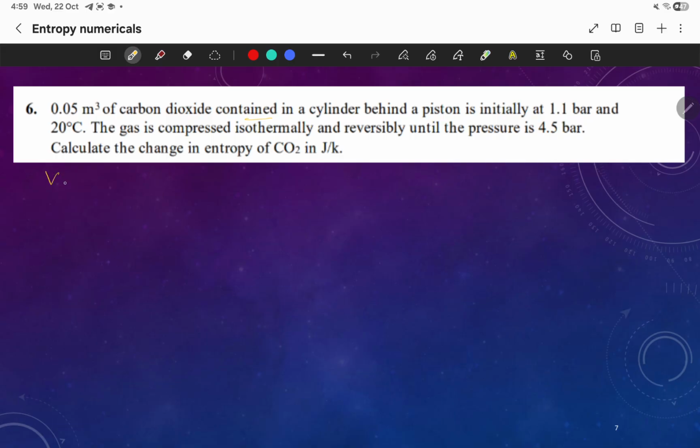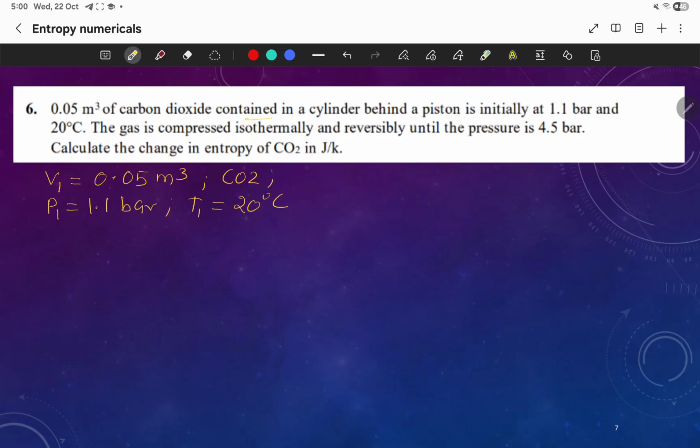Here it is giving V1 is 0.05 meter cube of CO2, and pressure P1 is 1.1 bar and T1 is 20 degrees Celsius.